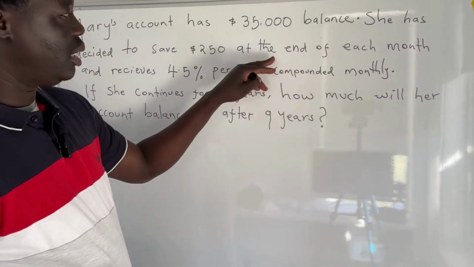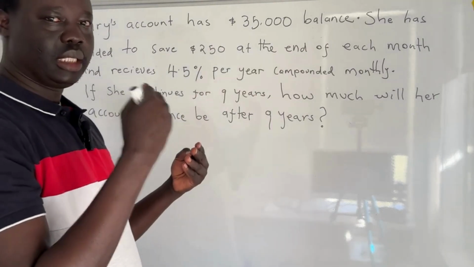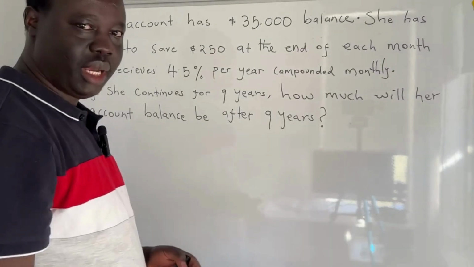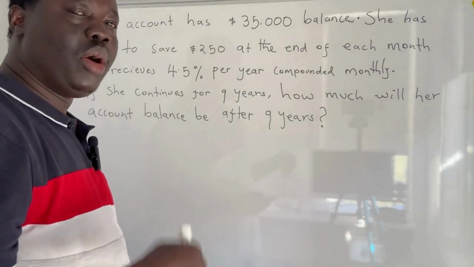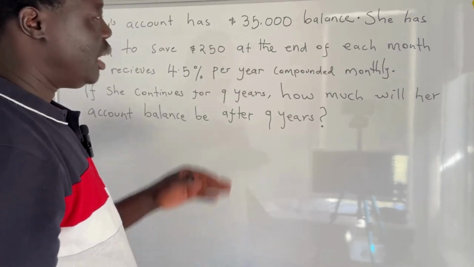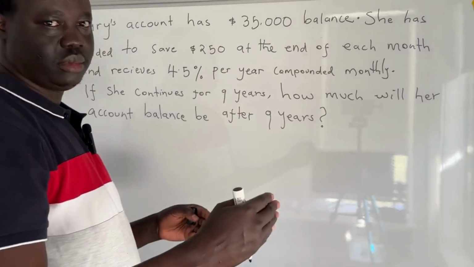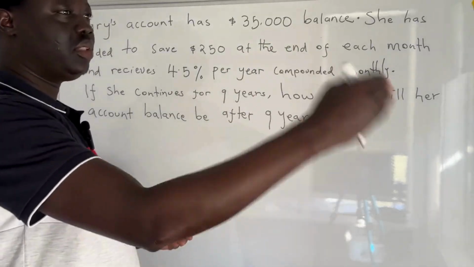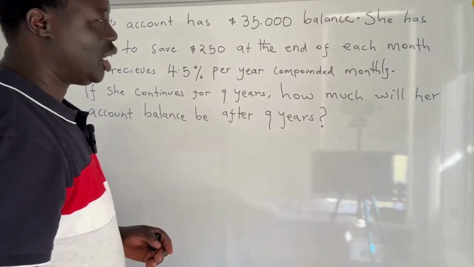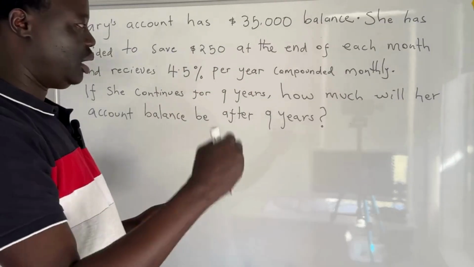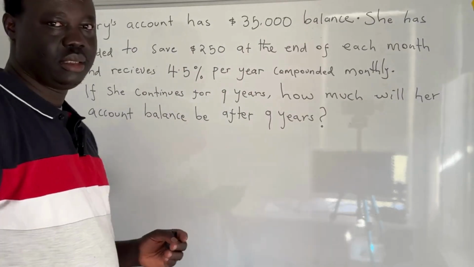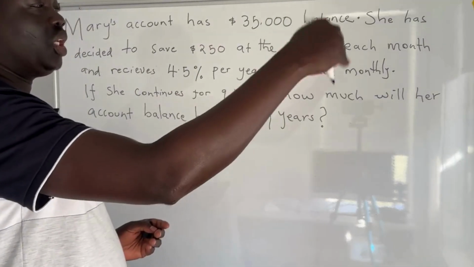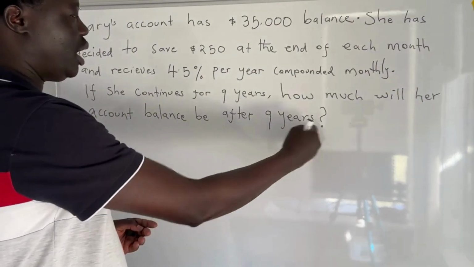So this one whereby someone puts some money in the account at the end of each month is what we call ordinary annuity. And this one here is future, because she's putting money at the end of each month, and she will have a certain amount after 9 years. So this one is what we call future value, because she will have a certain amount after a certain time given.